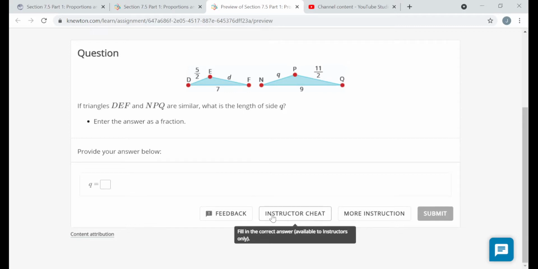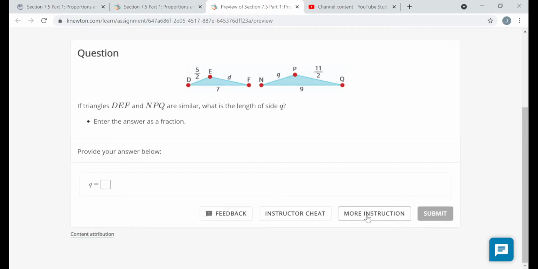That's just for instructors only. But you should be seeing a more instruction button, which I highly recommend taking advantage of. If you're working on an assignment and you're struggling with a question or an objective, click on the more instruction button and some extra reading material or videos related to that objective will appear, and hopefully that extra instruction helps you when dealing with a certain objective.